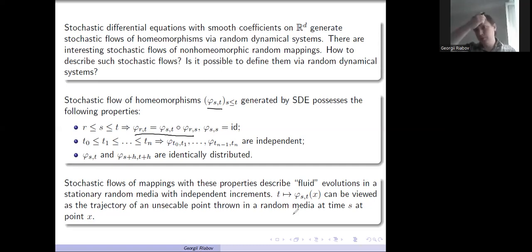So we can imagine that we throw an unsinkable point into some fluid with random perturbations, and then this process in t describes the evolution of this point.